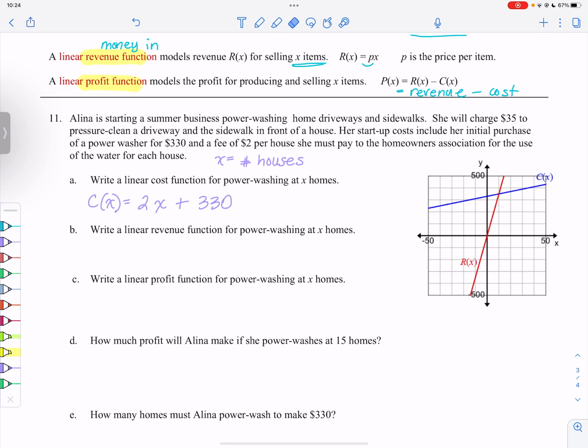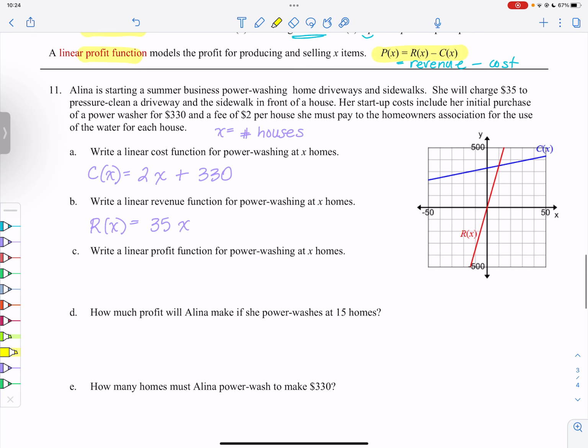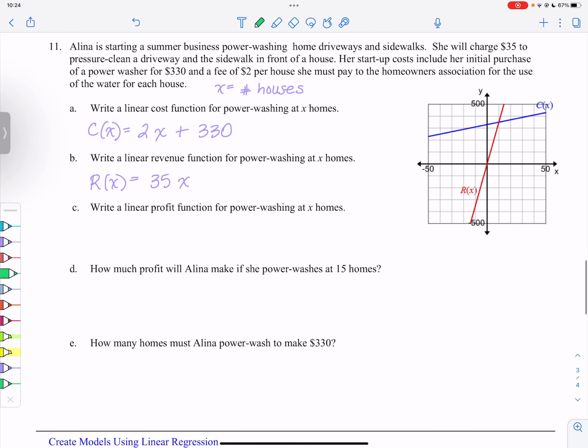Now, how much money will be coming in? She will actually earn $35. That's how much she's charging. She will get $35 for every house that she power washes. And now let's talk about the profit. Remember, we'll take our revenue minus the cost. So that profit function is going to be 35x minus all of 2x plus 330.